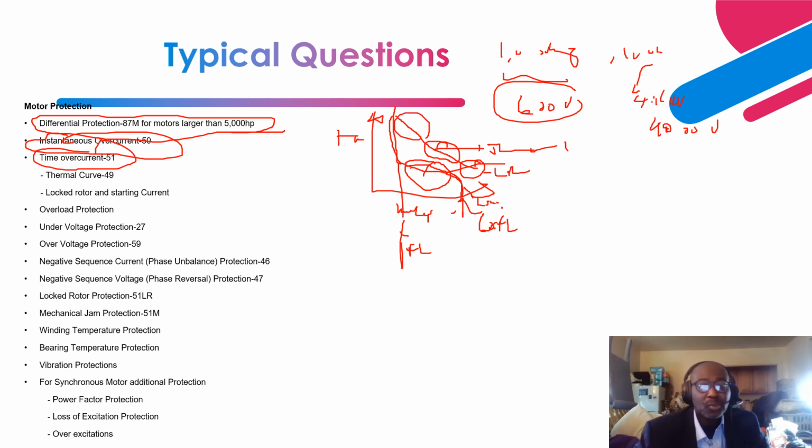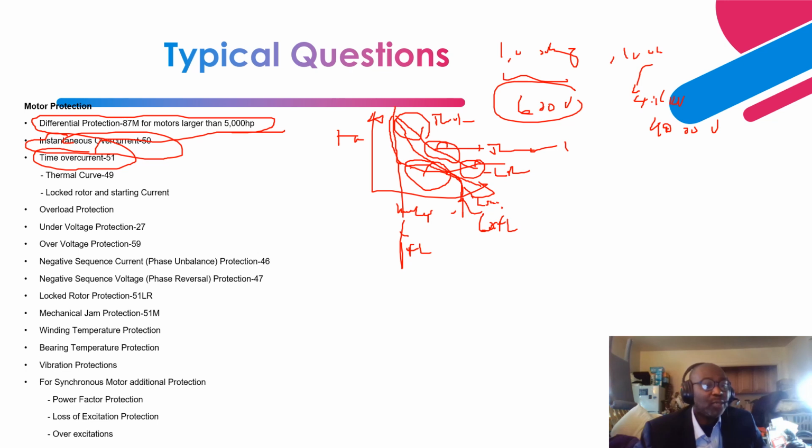And this area is the thermal overload section, right? Okay, so you set the time overcurrent element to coordinate. It should be in between the thermal damage curve and your acceleration, right?